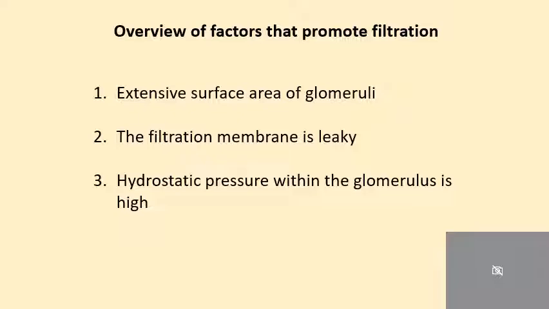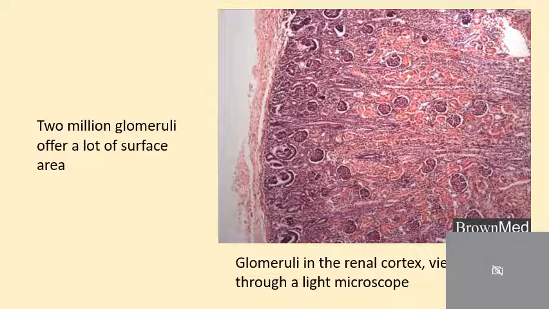Let's start with the extensive surface area of the glomeruli. Remember, you have about 2 million glomeruli, and in each glomerulus, there's a lot of surface area as we have these looping networks of capillary. There's a lot of opportunity for water and solutes to cross that surface, to cross that filtration membrane.